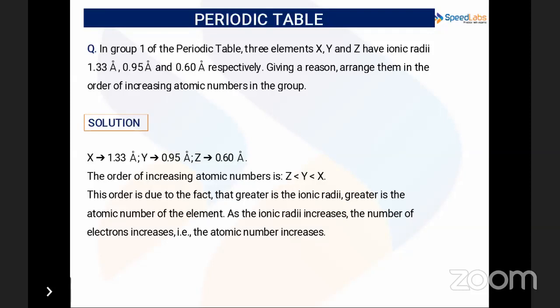As the number of shells increases, obviously the number of electrons increases, and there will be an increase in the number of protons, and as a result the atomic number goes on increasing. So in a group from top to bottom, as the atomic number goes on increasing, their atomic size or atomic radii also goes on increasing. I hope this solution is clear.